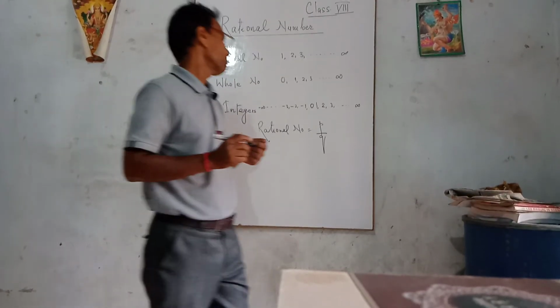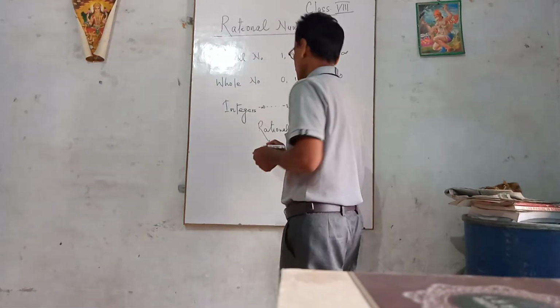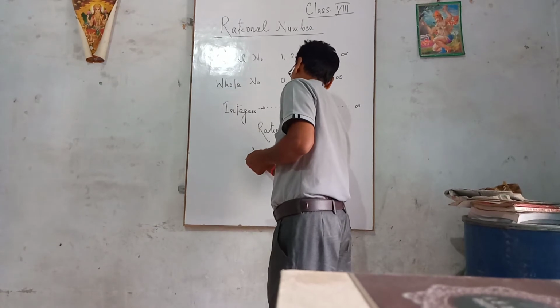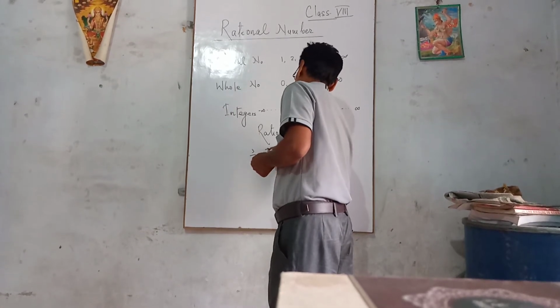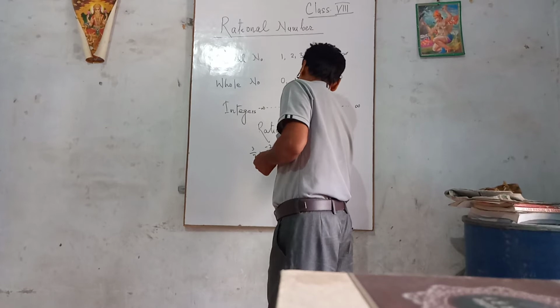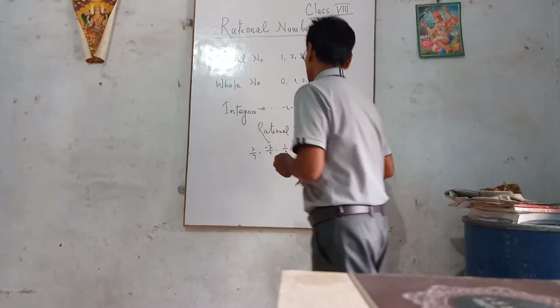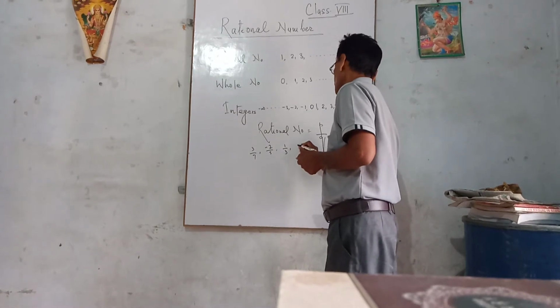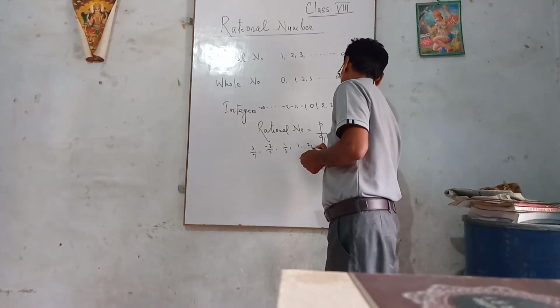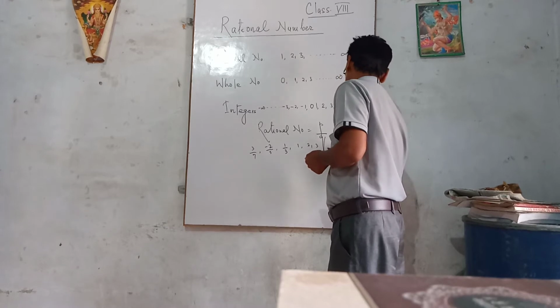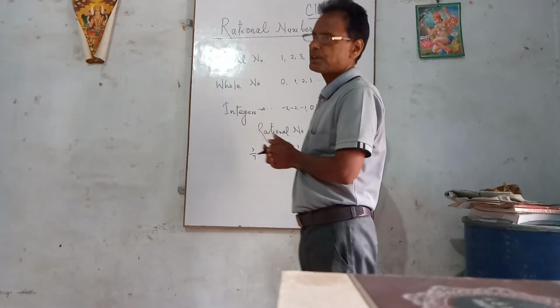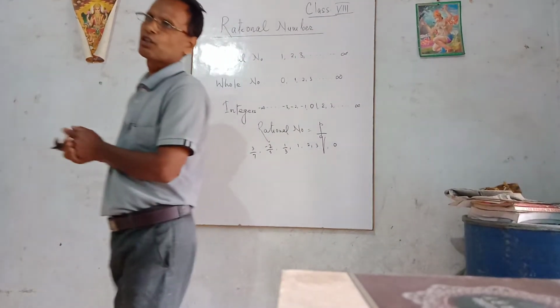For example, I can write here 3 upon 7, minus 2 upon 5, 1 upon 3, 2, 1, 2, 3, 0. These are all examples of rational numbers.